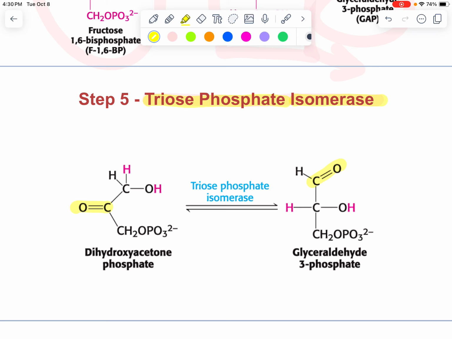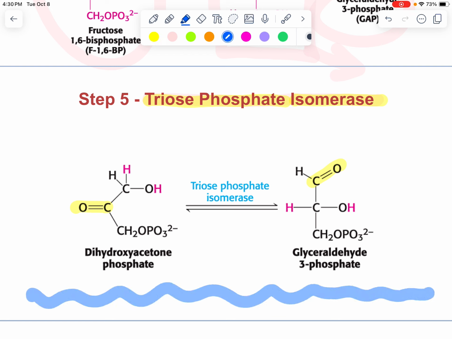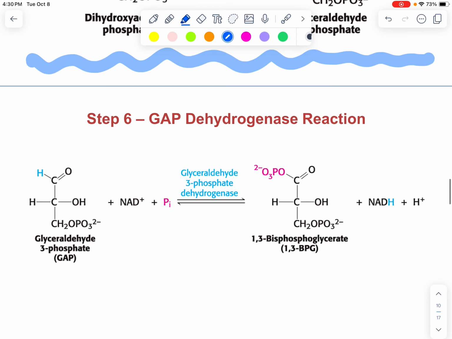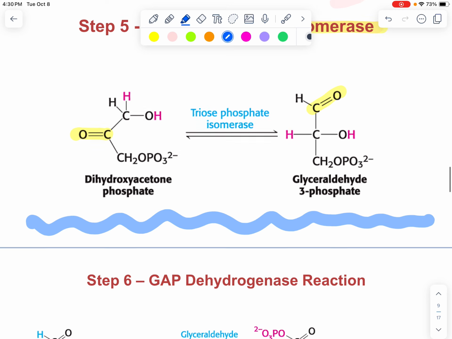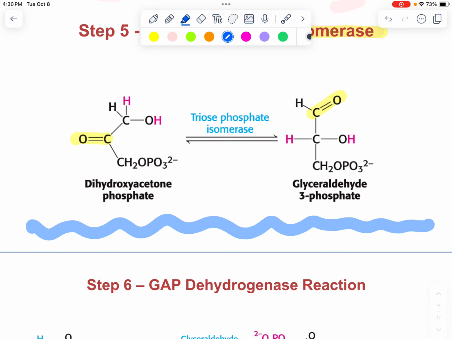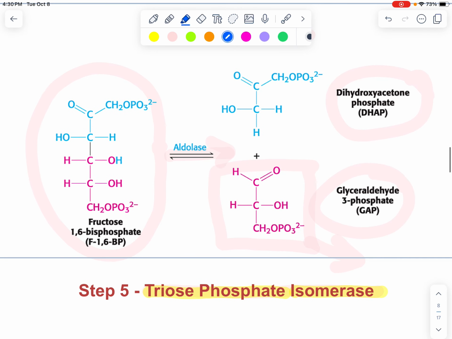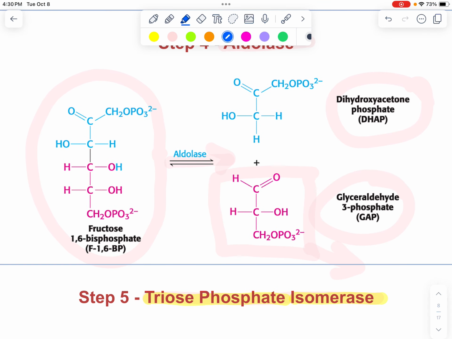And at this point, let's draw a little squiggle here. We're at the end of the phase where we are using energy to drive this, and we're about to enter the energy generation phase. And it is going to start with this molecule. Hold on, let's go back up here real quick.